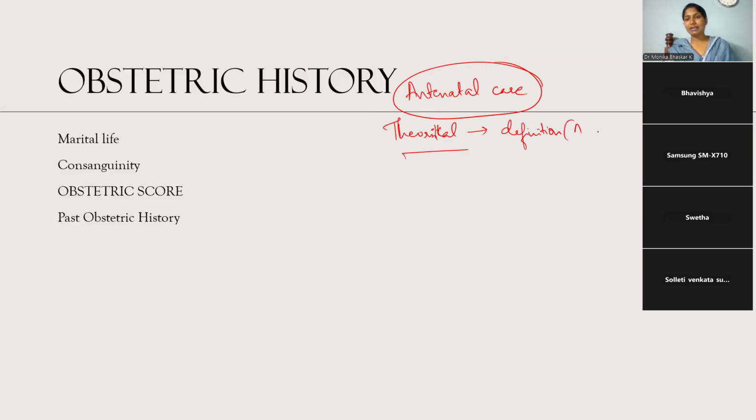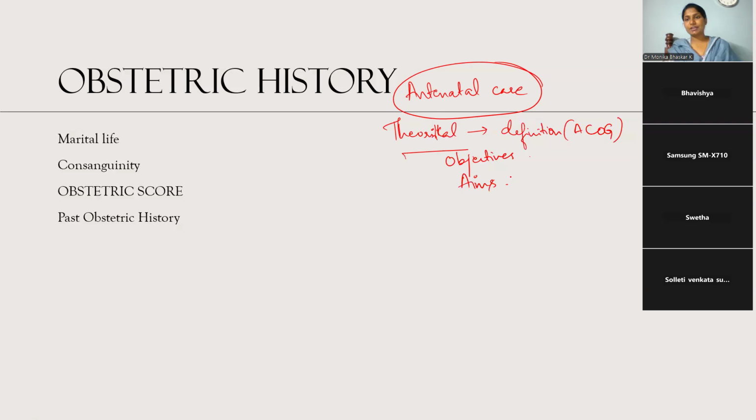So it is given by ACOG. And what are the objectives of antenatal care? What are the aims of antenatal care? So the definition, which is usually given in Datta, is slightly simple. That is, a systematic supervision of the pregnant mother during pregnancy is called antenatal care or prenatal care.